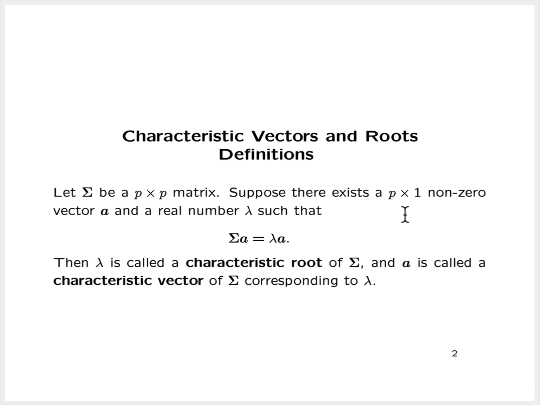So, if there exists a p by 1 non-zero vector A and a real number or scalar lambda such that this equation holds, then lambda is called a characteristic root of the p by p matrix cap sig, and A is called a characteristic vector of cap sig corresponding to the characteristic root lambda.